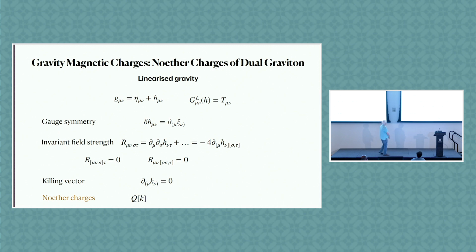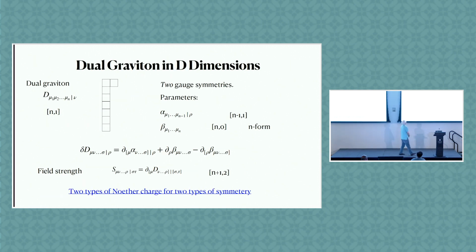So this gives us a way of understanding the charges for gravity. If we look at linearized gravity, there's a gauge symmetry like this, and the linearized Killing vectors satisfy this, and this gives rise to corresponding Noether charges we've seen. But there's also a dual formulation where we write it in terms of the dual graviton.